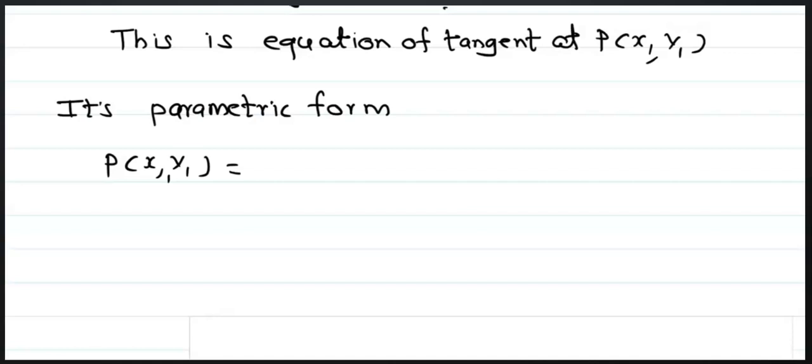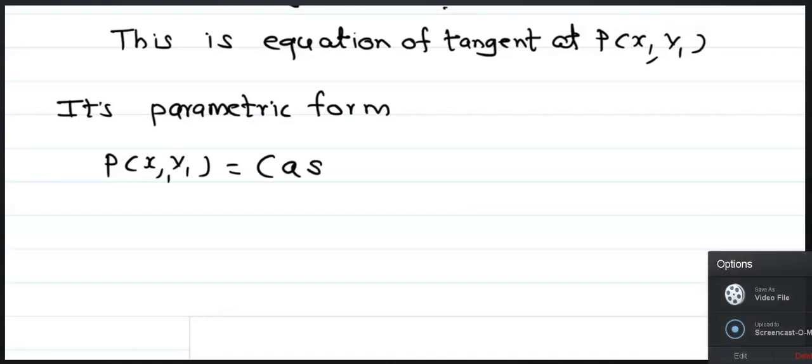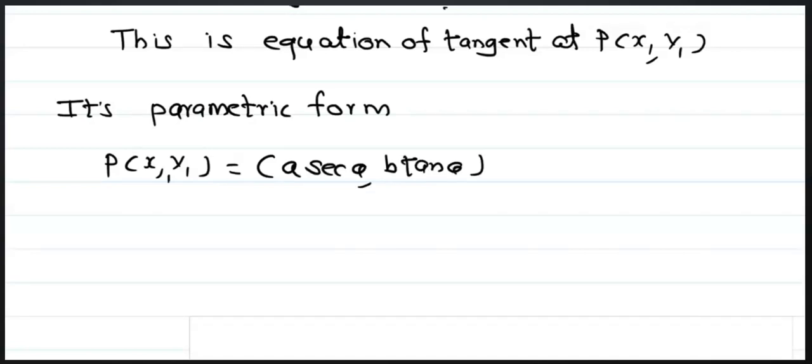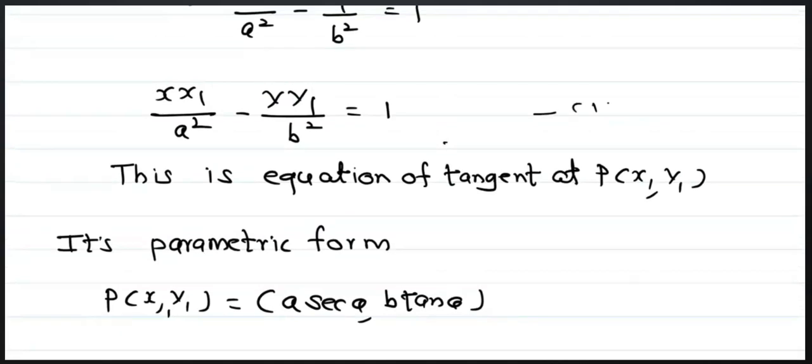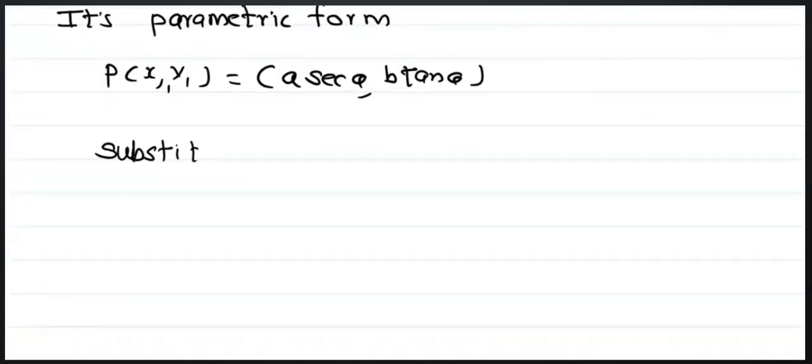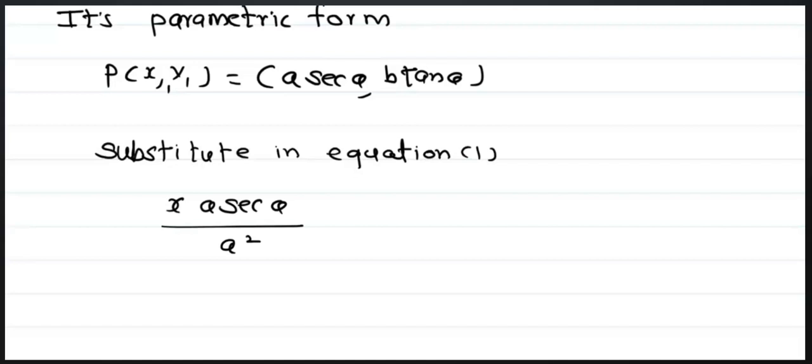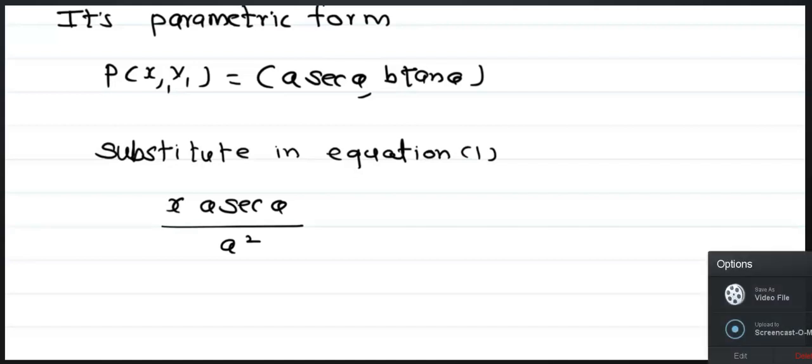In parametric form, the point x1 y1 is equal to a sec theta and b tan theta. Substitute in equation 1, then x1 is replaced by a sec theta and y1 is replaced by b tan theta.